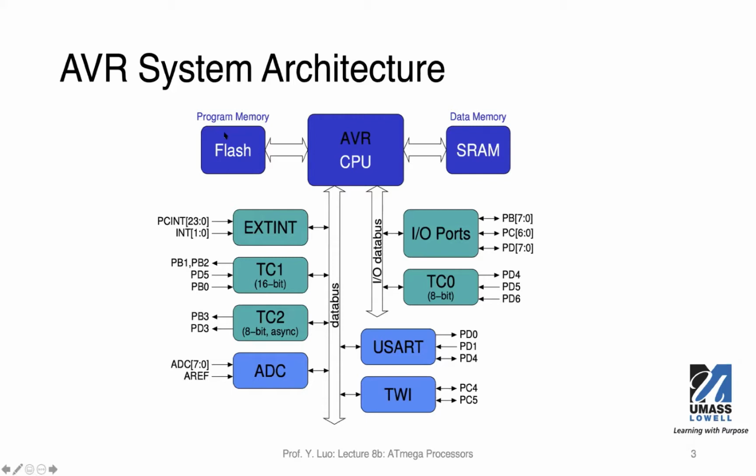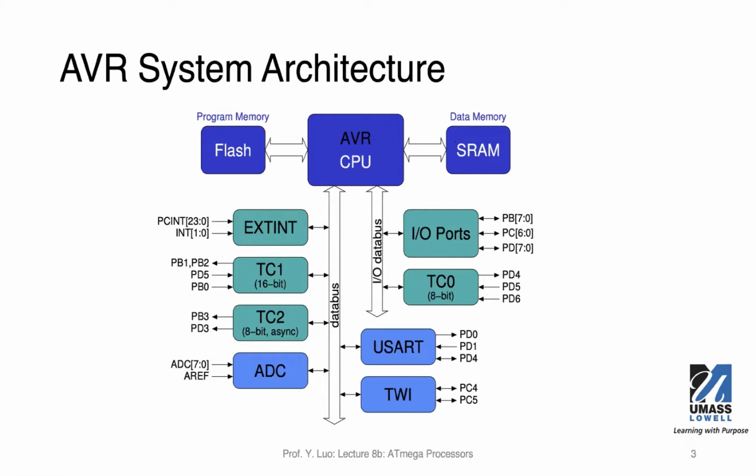Then we have program memory and data memory. As we show in this diagram, the program memory and data memory are in separate spaces, one on the left, the other on the right. What we really mean here is that the program memory is separate from the data memory.